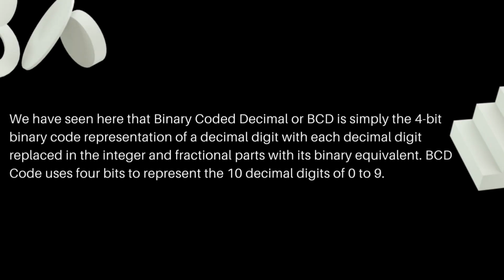We have seen here that binary coded decimal or BCD is simply the 4-bit binary code representation of a decimal digit with each decimal digit replaced in the integer and fractional parts with its binary equivalent. BCD code uses 4 bits to represent the 10 decimal digits of 0 to 9.